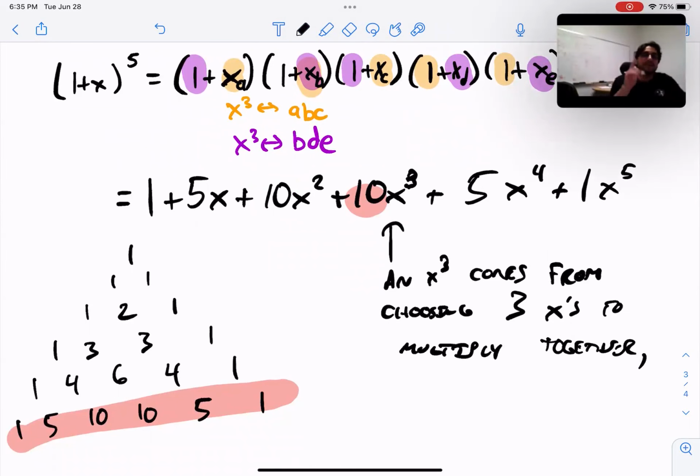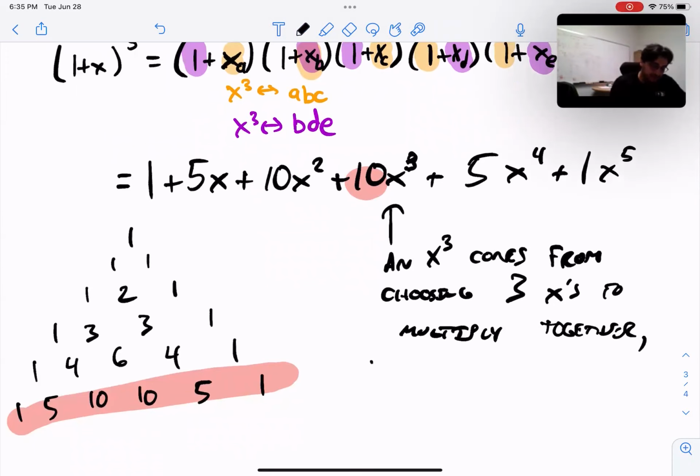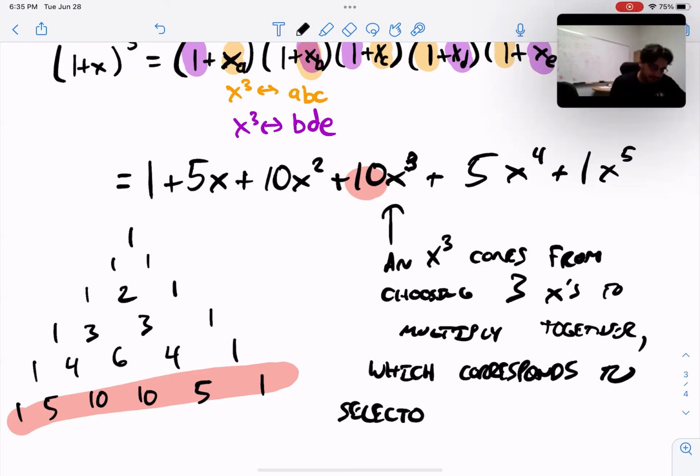Every time you pick 3 letters out of A through E, you get an x cubed by multiplying those x's. So every x cubed comes from choosing 3 x's to multiply together, which corresponds perfectly to selections of 3 letters from 5.